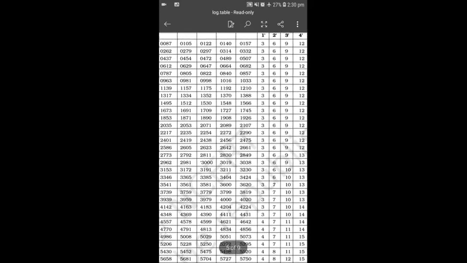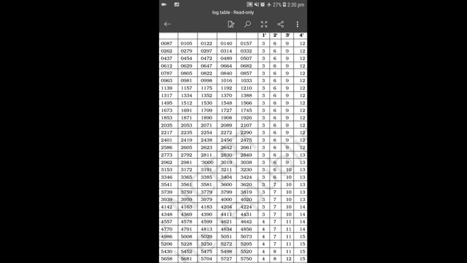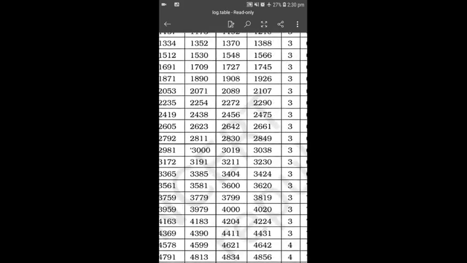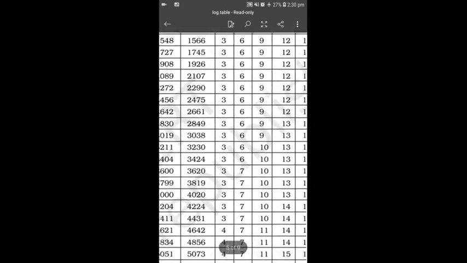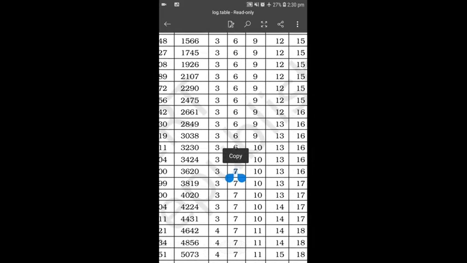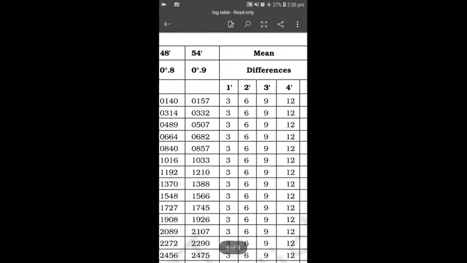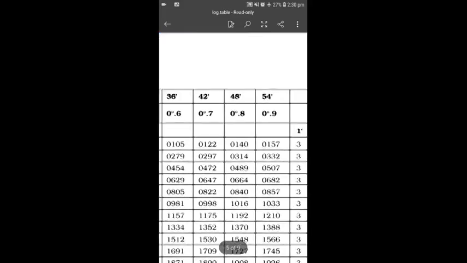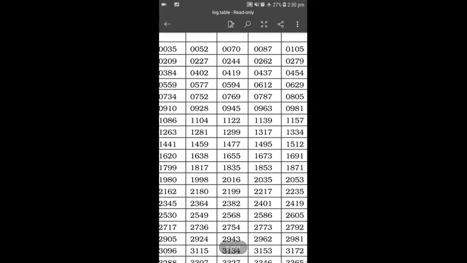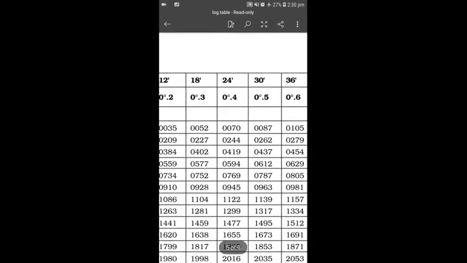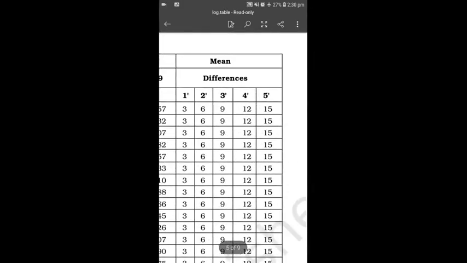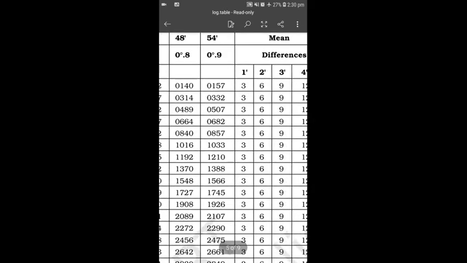In mean difference, we can add this 6, that is from difference 2 minutes. So when we add that 6, we will be getting 3333. So degree is 18 degree, 24 minutes plus 2 minutes, that is 26 minutes.